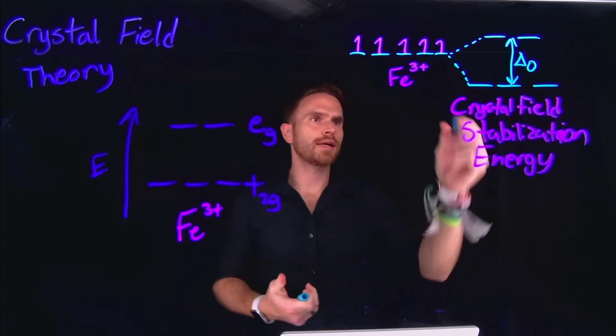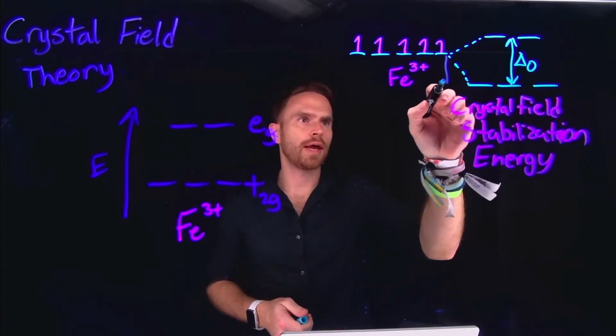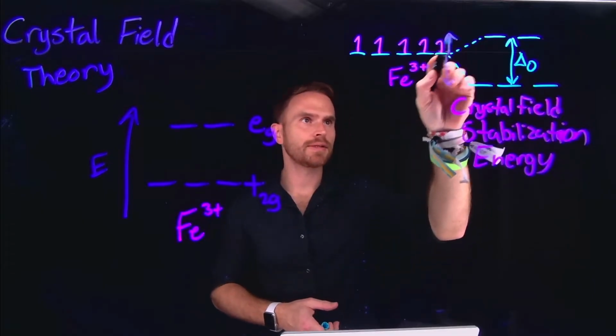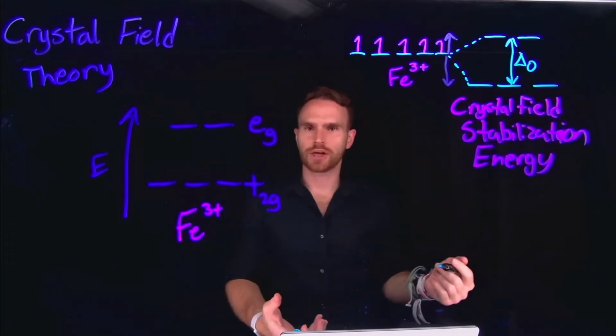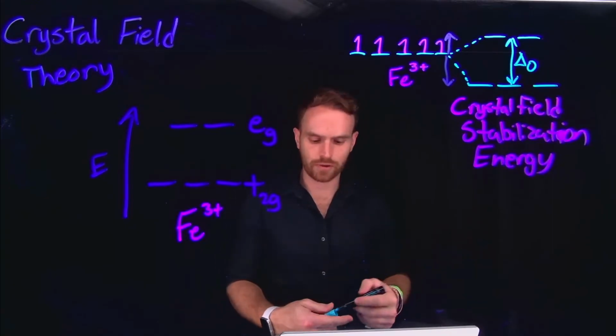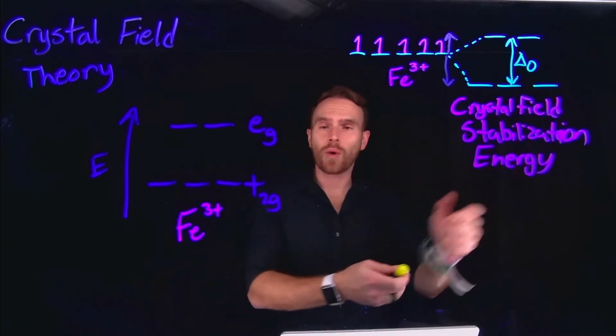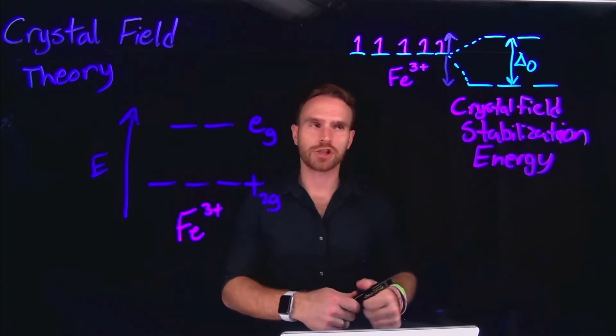Importantly, you get a stabilization or a lowering of energy in the downward direction, and an excitement or destabilization in the upwards direction. And you can actually do a calculation for this to determine what is the overall stabilization that occurs when you consider the octahedral coordination environment.